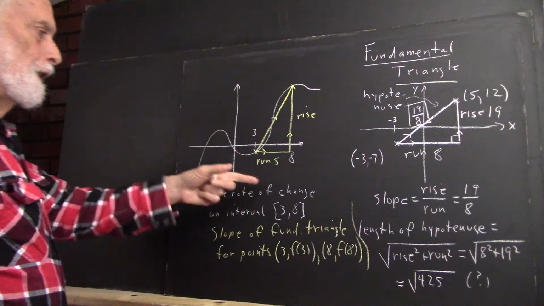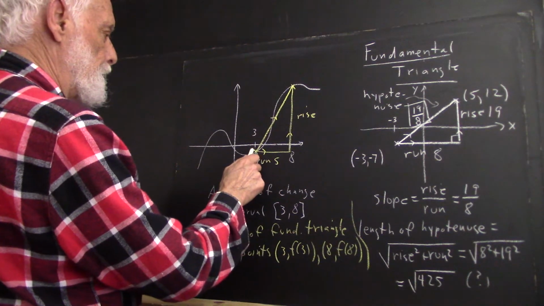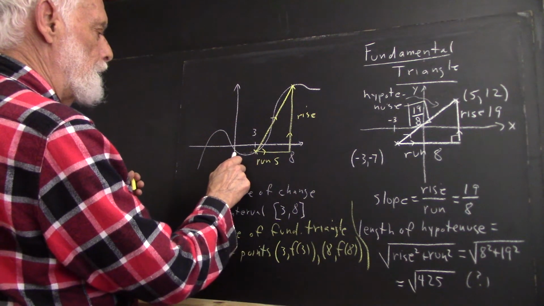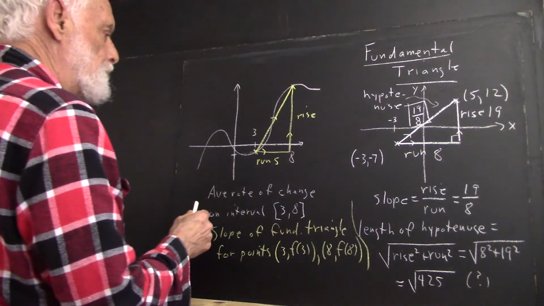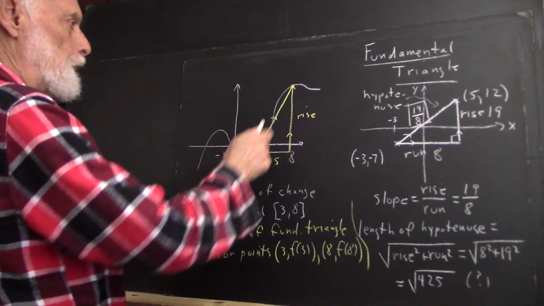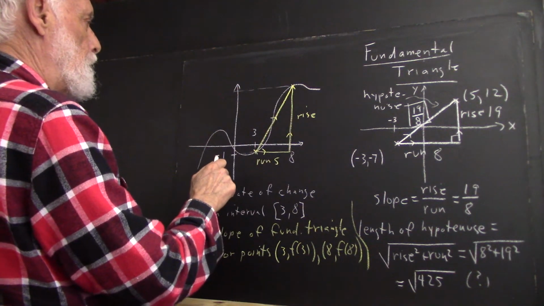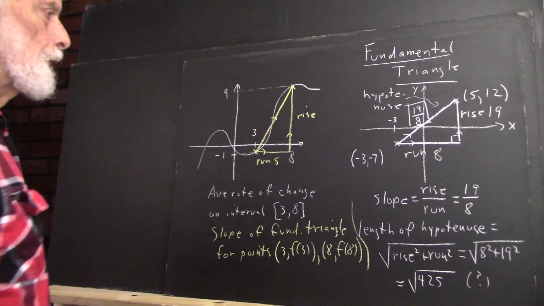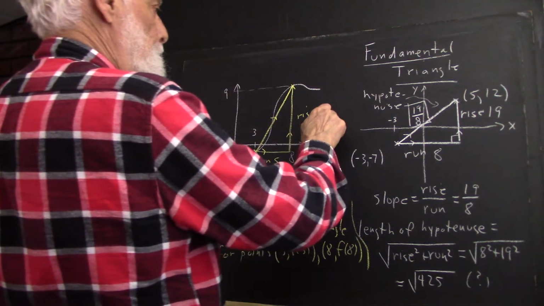Well, I don't have a scale on the y-axis, but let's go ahead and say, we don't know what these coordinates are, but if there is a scale on the y-axis, we can read it, and we can see that maybe this point is where y equals -1, and up here maybe y equals 9. Okay, then we can see that the rise is 10.